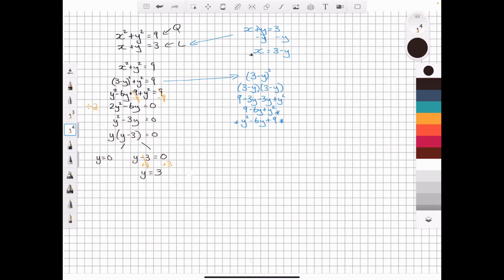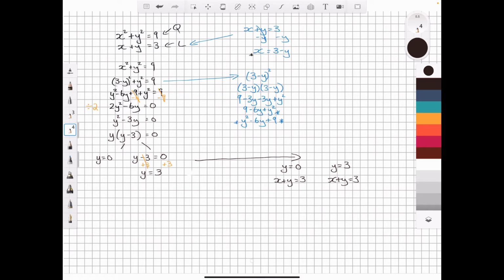And now that we know that, we can come over here, and y is equal to 0 and y is equal to 3. Now we take the original linear equation from the top, which is x plus y equals 3, and I'll write it again, x plus y equals 3.